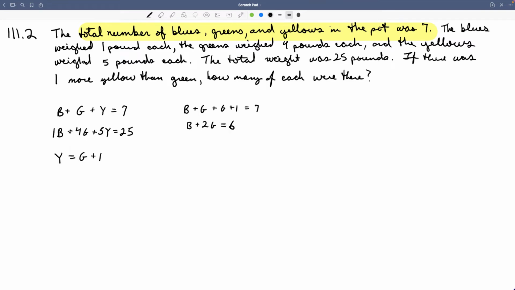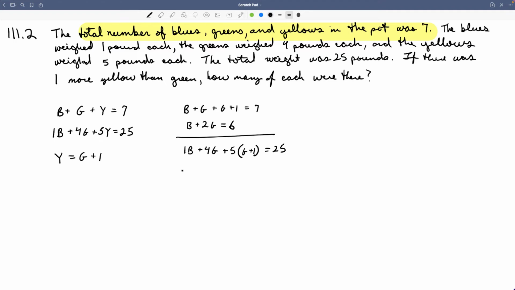So let's substitute y in here. So here's our other statement. We have 1 times b plus 4 times g plus 5 times y, and y is g plus 1, equals 25.